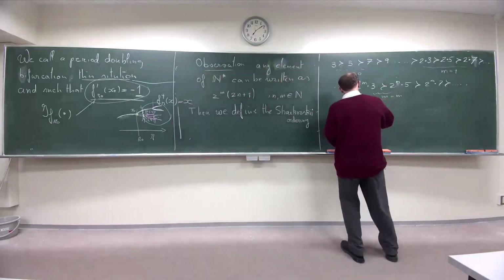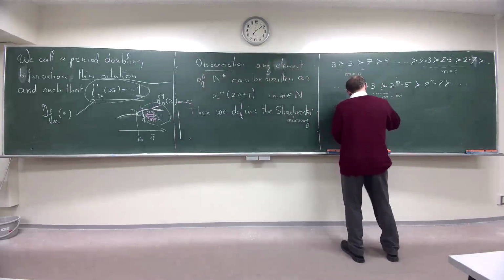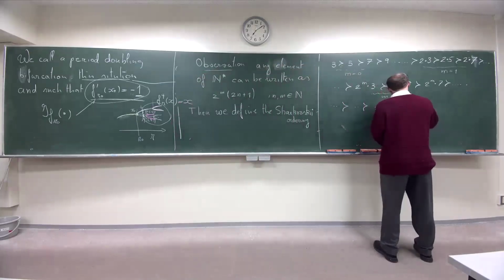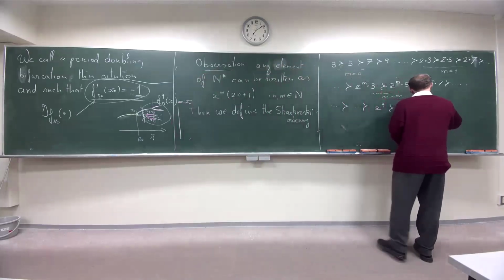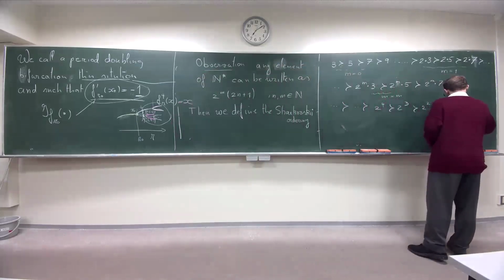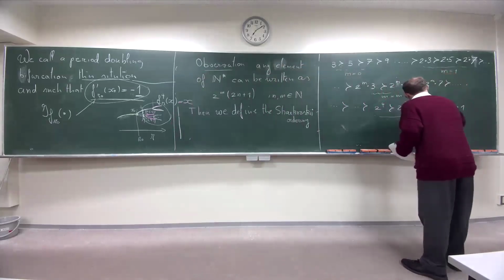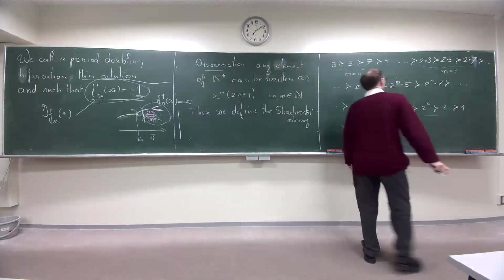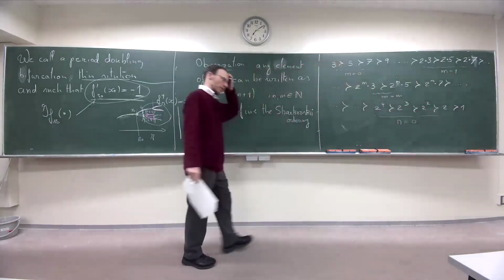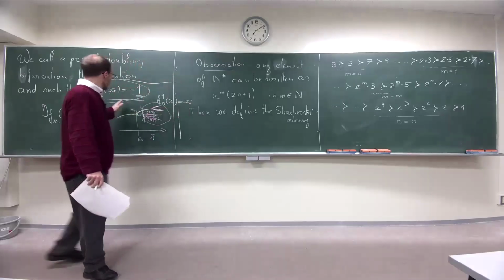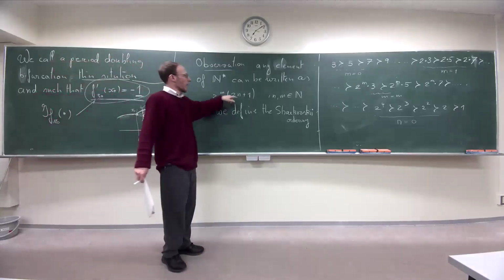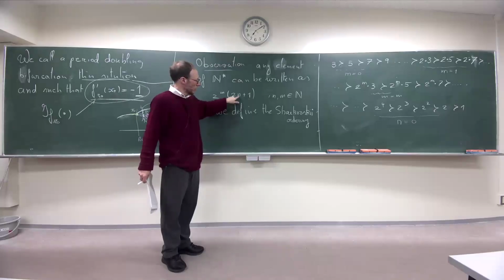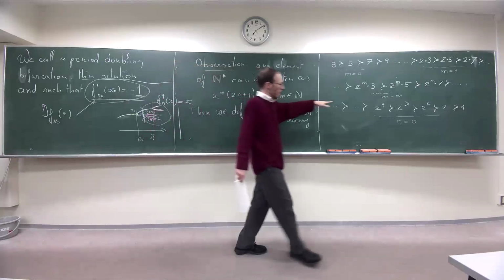I miss some, which are 2 power 4, bigger than 2 power 3, bigger than 2 power 2, bigger than 2, bigger than 1. And these are obtained for n equal to 0, which I did not consider before. I consider n equal to 1, 2, 3 all the time, but I miss the case n equal to 0, and I put them here.